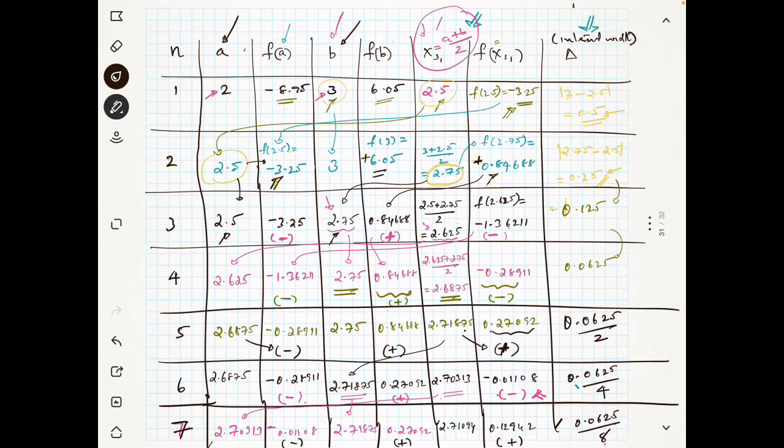So you will compare this with the previous positive and negative, but here this is positive, so no solution between this interval. So this is correct. So we will choose this, that means the old A. So what is the old A? It is 2.70313. So I will continue this.